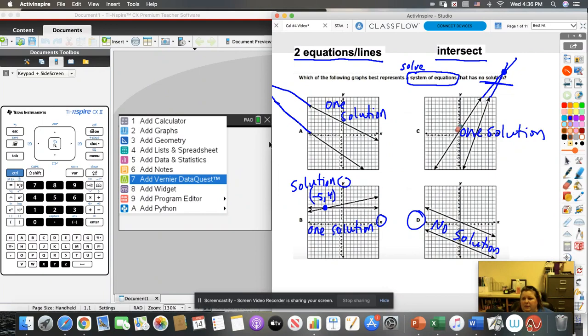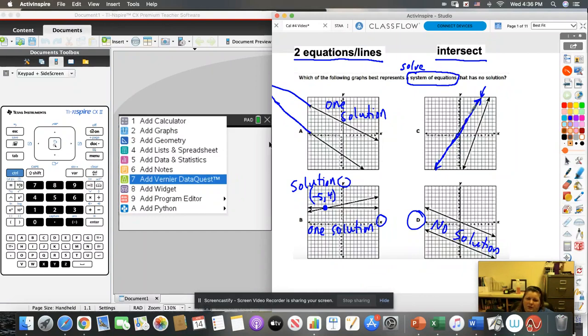Now, there is one more case that's not shown here. Let me erase this so I can show it. And that is, you could have two lines that, we'll say this is the first line that's already drawn, and then the second line just overlaps that. It's exactly the same line twice. If you have exactly the same line and it overlaps each other, then it shares all of the points on that line.